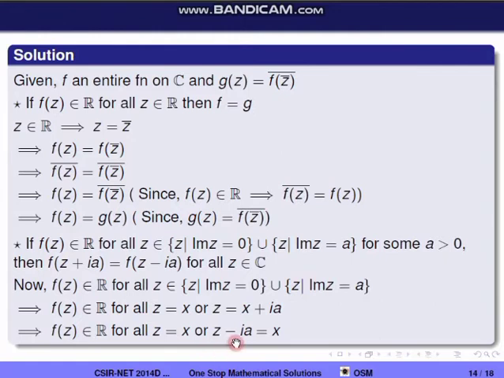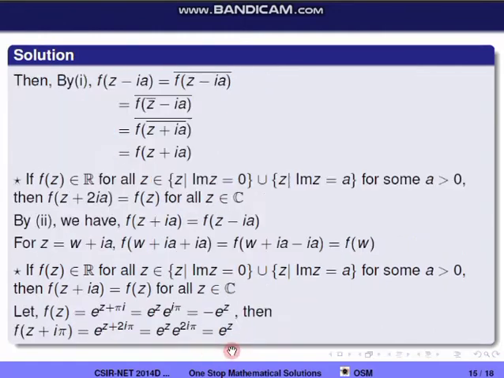So I am applying it for z minus iA. That is f of z minus iA is equal to f of z minus iA whole bar. So z is a purely real number, so I am taking its conjugate. So that is equal to f of z bar minus iA whole bar. So z bar minus iA can be replaced as z plus iA whole bar. So this is equal to f of z plus iA whole bar, the whole bar.